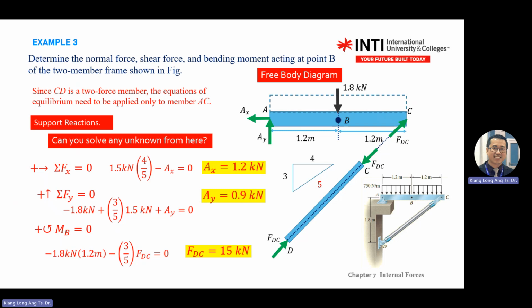Can you help me to check this mathematics? 1.8, 1.2. What's the FDC? Is it 1.5 or 15 kilonewton? I don't think it's 15.